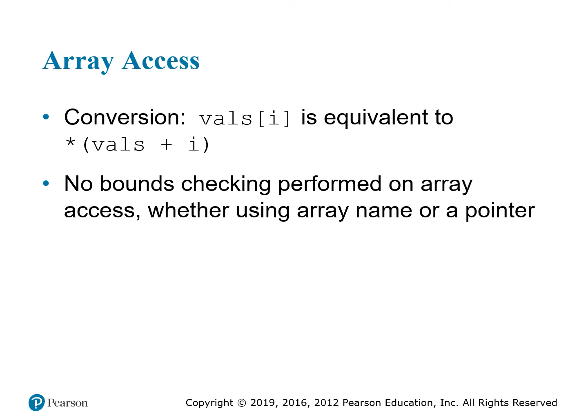So if I declare an array of size 3, and I put 0, 1, 2 in my array of size 3, and then somewhere else in the program I store the string x, y, z in a string that's pointing to the next set of memory boxes, and vals points here.